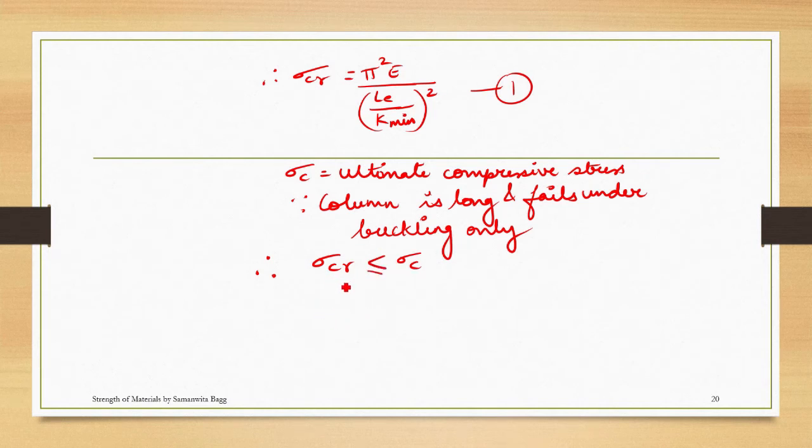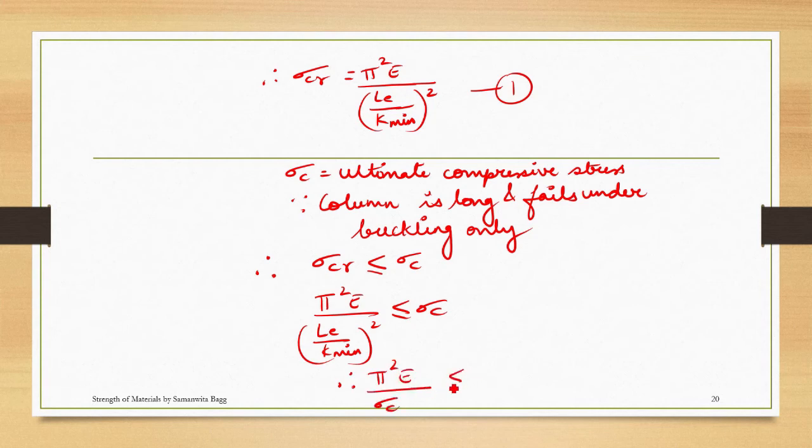So here sigma CR, which is pi square E upon (LE by K min) the whole square, is less than or equal to sigma C. Now let me multiply this on the right hand side and I'll take the sigma C below. So I get, therefore, pi square E upon sigma C is less than or equal to (LE upon K min) the whole square.